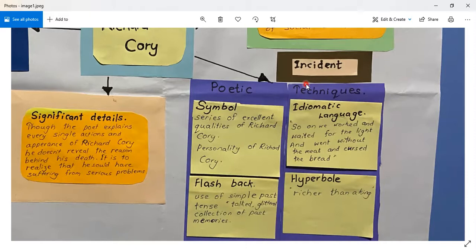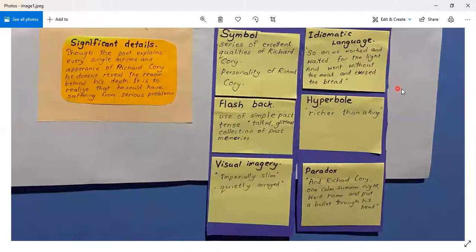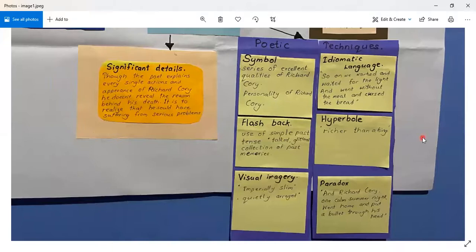For example, he's a gentleman in the real sense of the word, and he is well ordered in his external appearance. Likewise, there are many examples focusing on his qualities as well as his personality. That is why I told you the poet uses the poetic device symbol here.